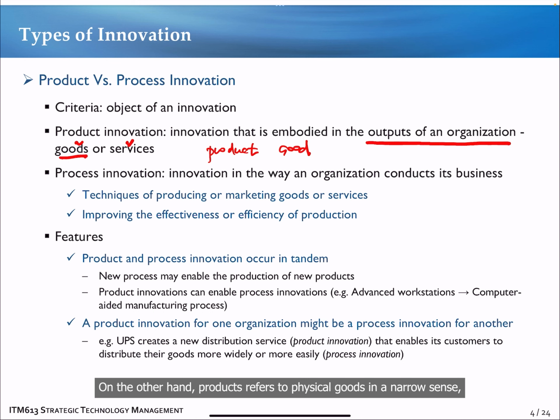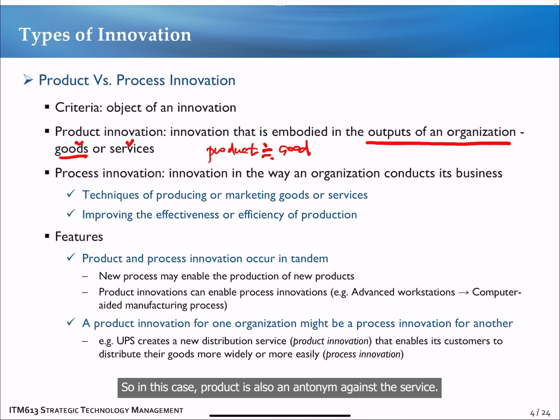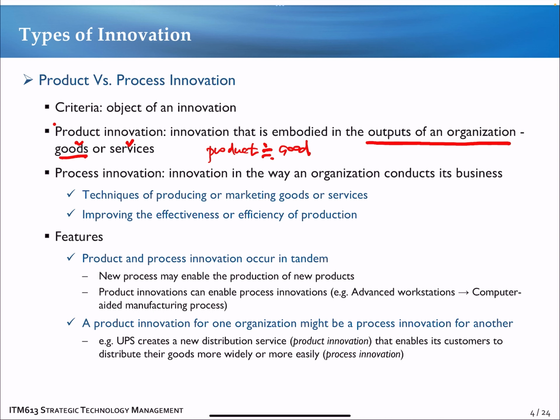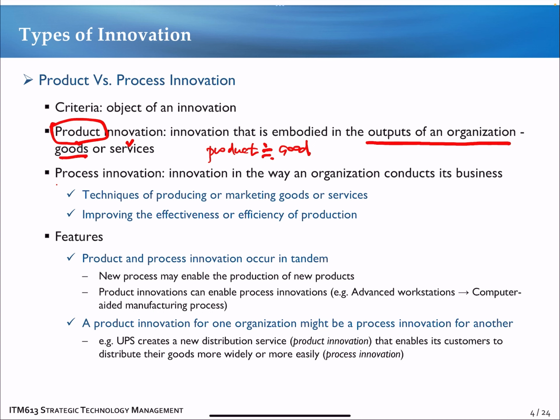On the other hand, product refers to physical goods in a narrow sense, which means product is a synonym of good. So in this case, product is also an antonym of service. You should remember that product here in product innovation is usually used in a broad sense, which includes both goods and services.